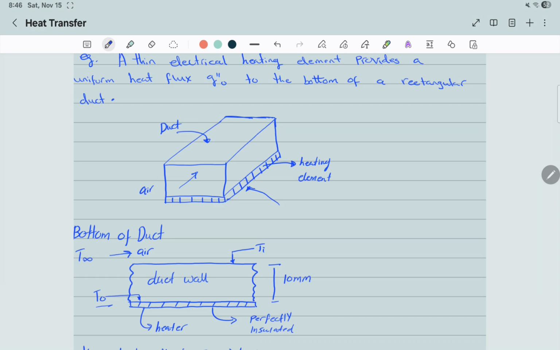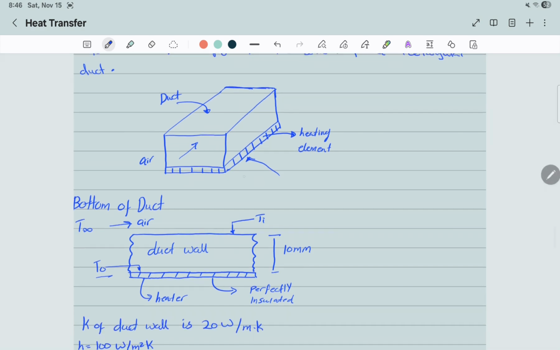So the cool air, or the ambient air temperature that enters the duct, is being heated by the heating element at the bottom. Therefore, the warm air enters the room and heats up the room.